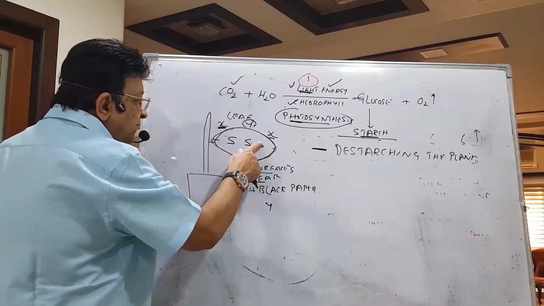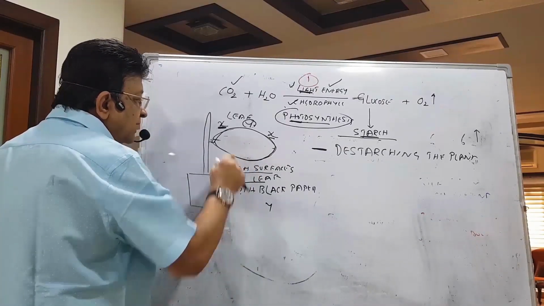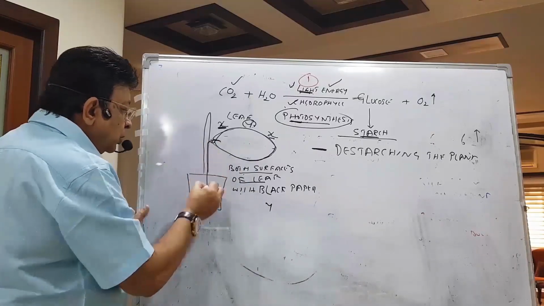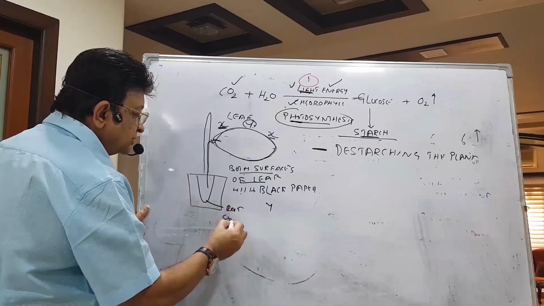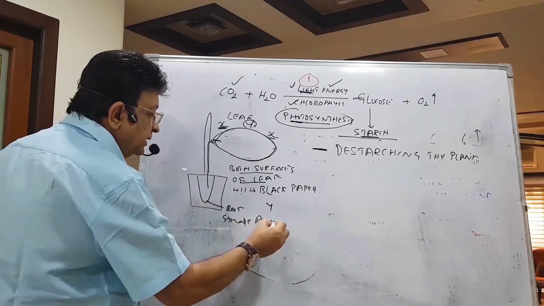What does it mean? I have to take all the existing starch away and move it to, in this case, the root, for example, which is the storage area.